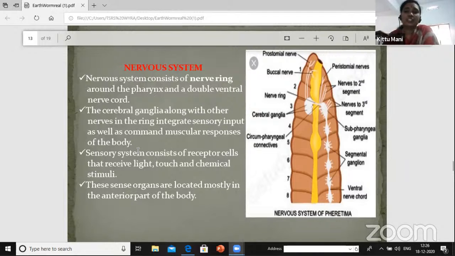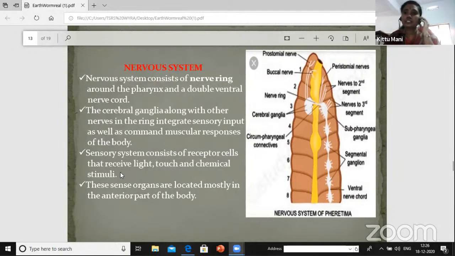Because the earthworm does not have any brain, spinal cord, or well-developed organs, it is a primitive organism. So how can it manage touch, light, or chemical stimulus? By the receptor cells.